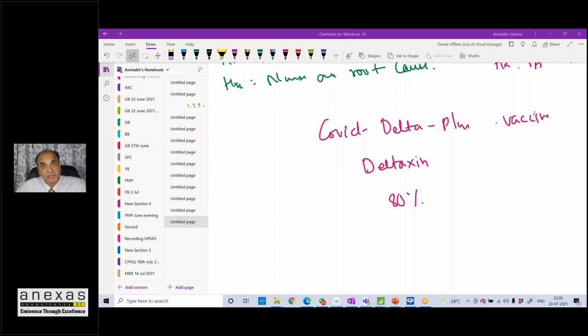So at least for the population, it should be 80%. For 20% it won't be effective, but it doesn't matter. Even if it is 80% for the population, they develop antibodies, the pandemic will be gone.